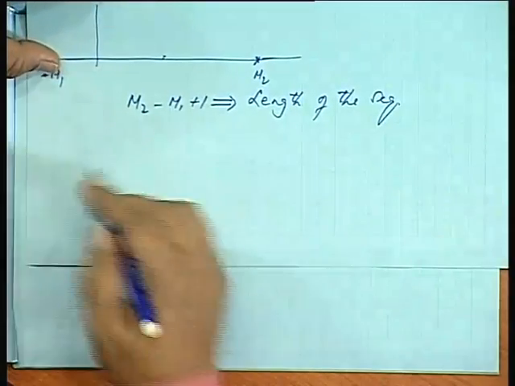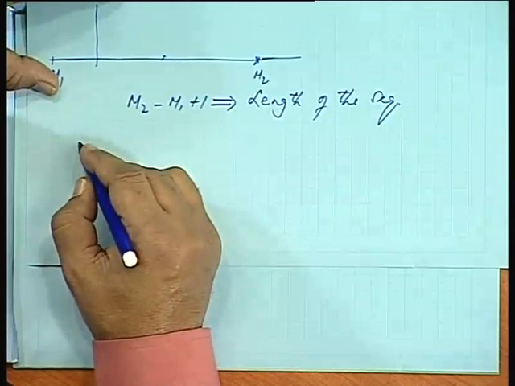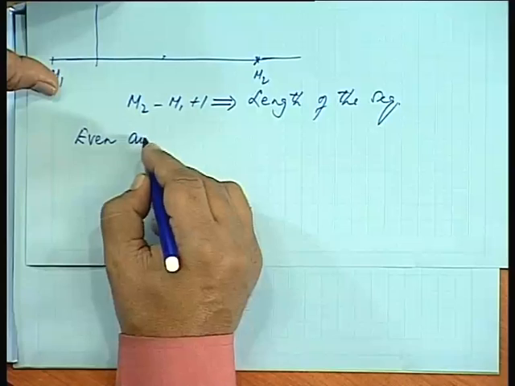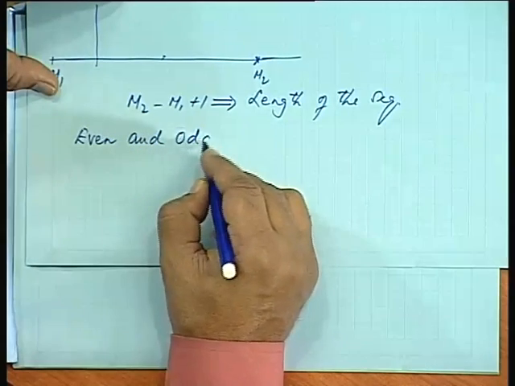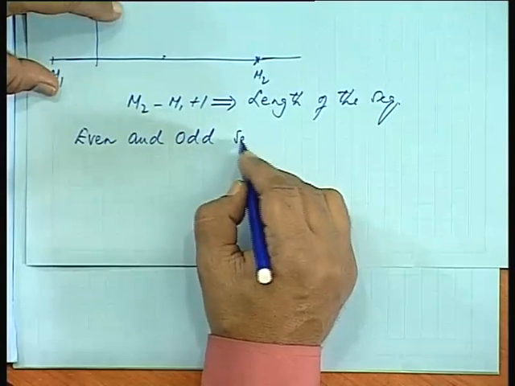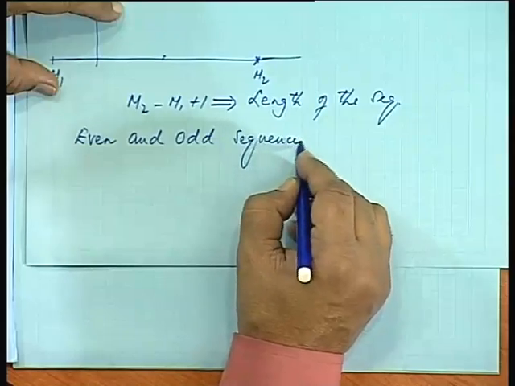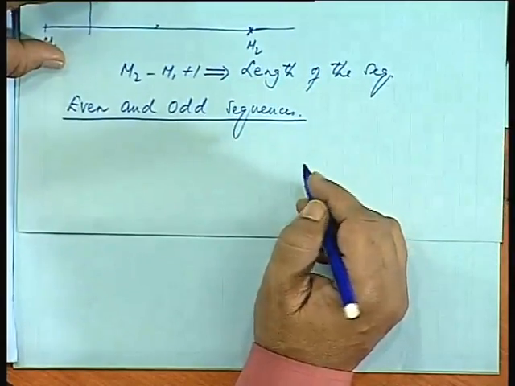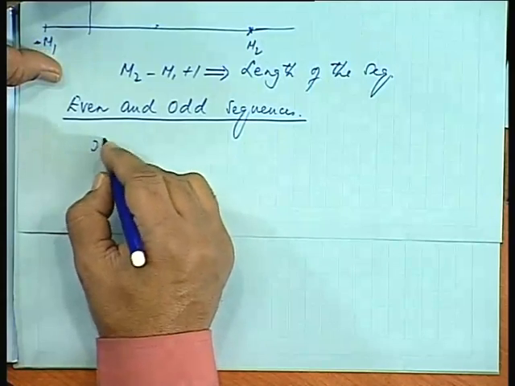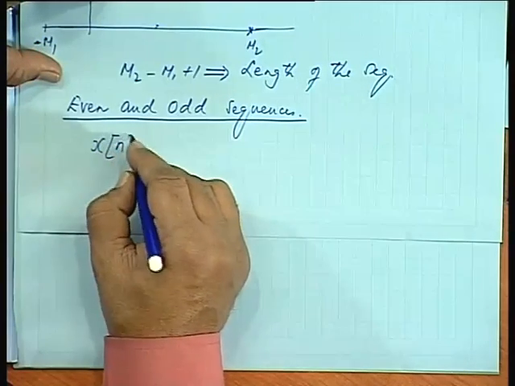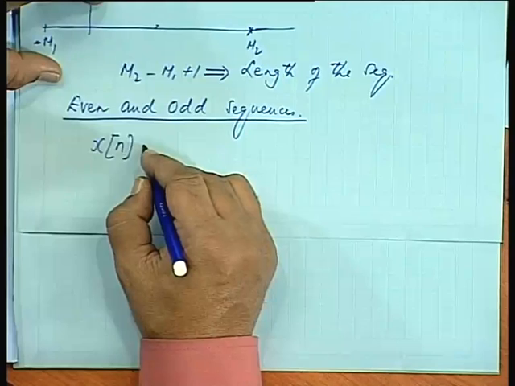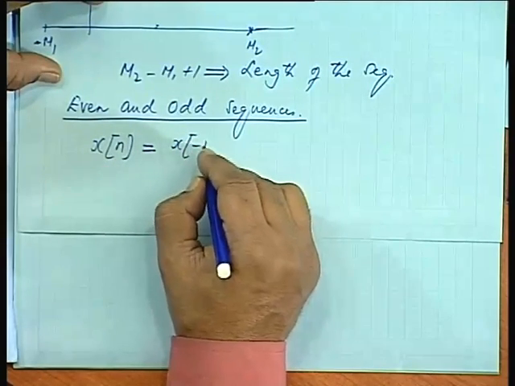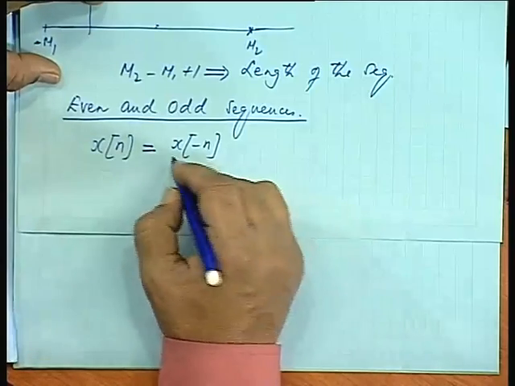Like in the continuous domain, we also define here in the discrete systems even and odd functions, or even and odd sequences. So, any sequence x n, if it is an even sequence, then it will be same as x minus n.